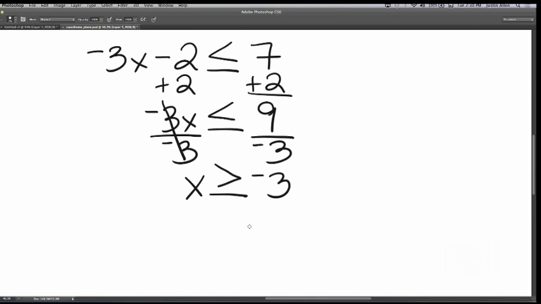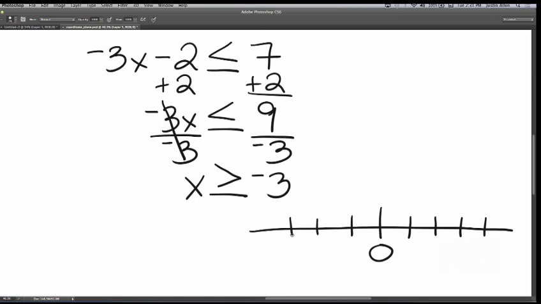Now let me show you on the number line what that's going to look like. We've got our 0. And we know that when we do a less than or a greater than, we use an open circle.